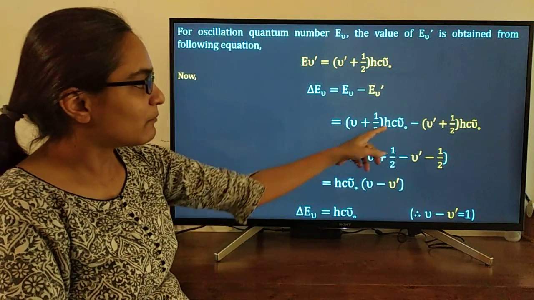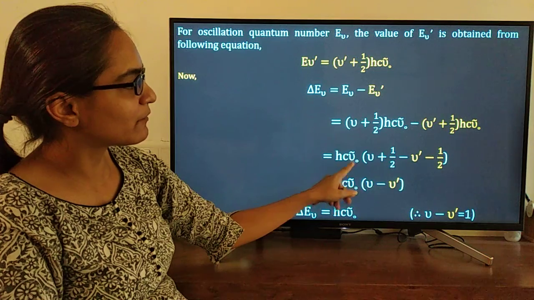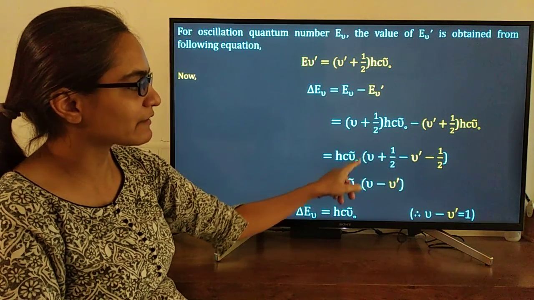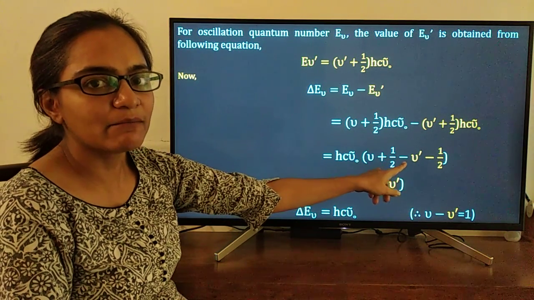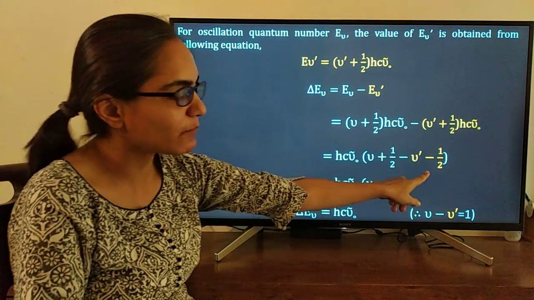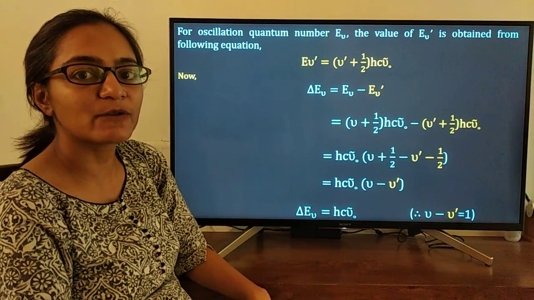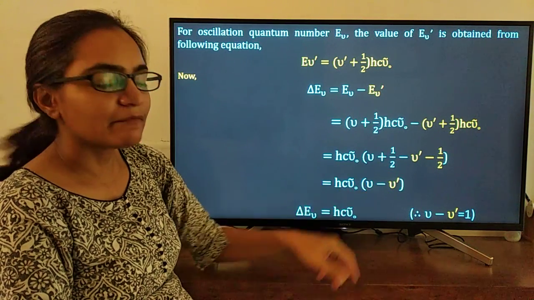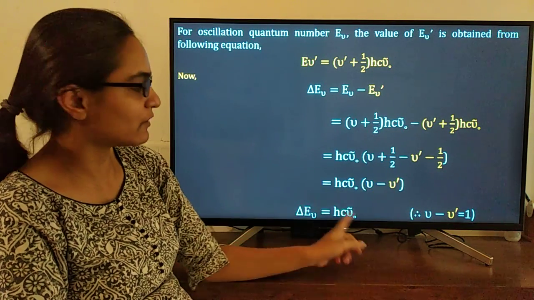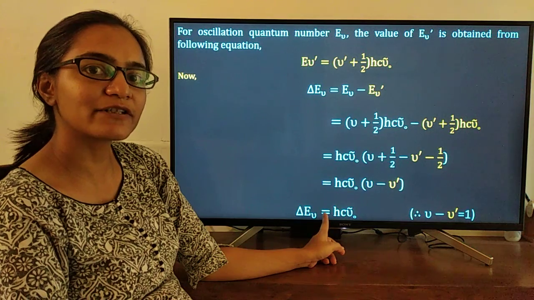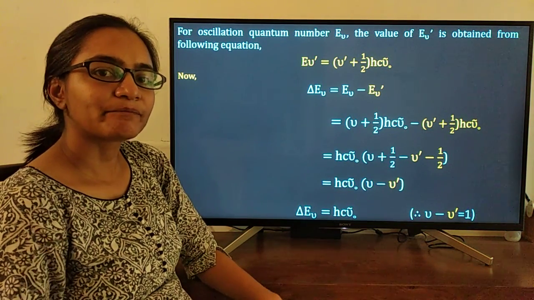Then after taking hc nu bar 0 common from the above equation, in the square bracket we get nu plus 1 by 2 minus nu prime minus 1 by 2. The plus 1 by 2 and minus 1 by 2 cancel, so we get hc nu 0 bar in the bracket nu minus nu prime, where nu minus nu prime is equal to 1, so the oscillation energy is hc nu 0 bar.